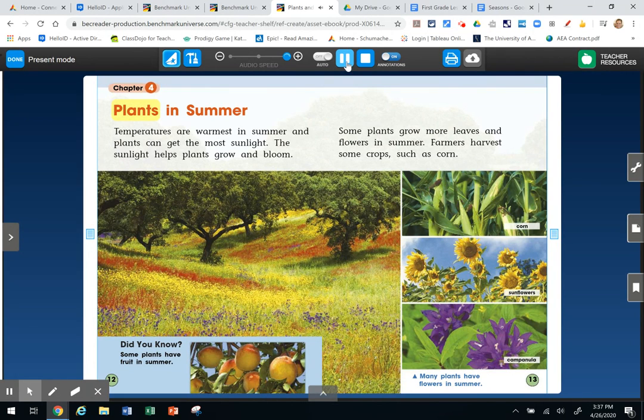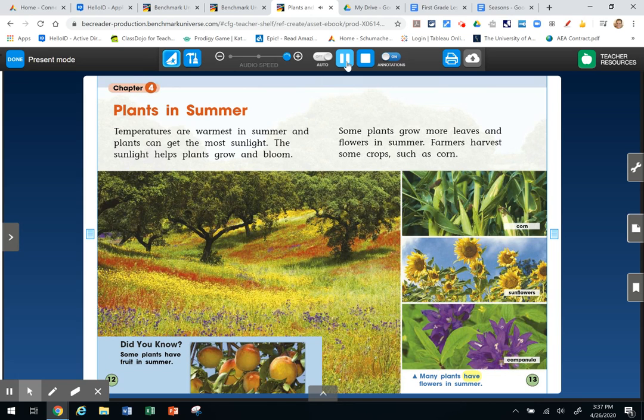Chapter 4. Plants in Summer. Temperatures are warmest in summer, and plants can get the most sunlight. The sunlight helps plants grow and bloom. Some plants grow more leaves and flowers in summer. Farmers harvest some crops, such as corn.